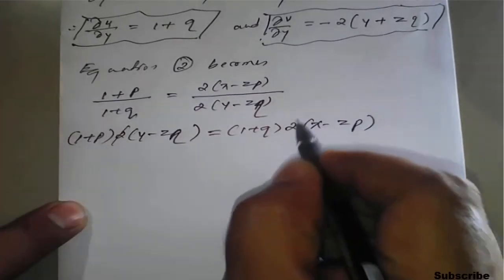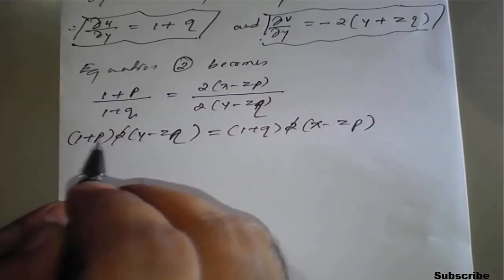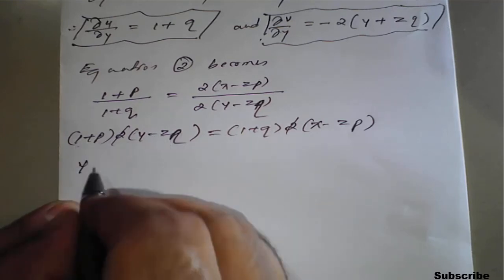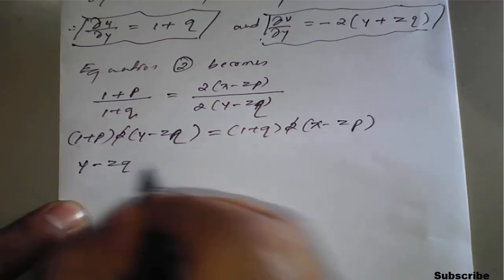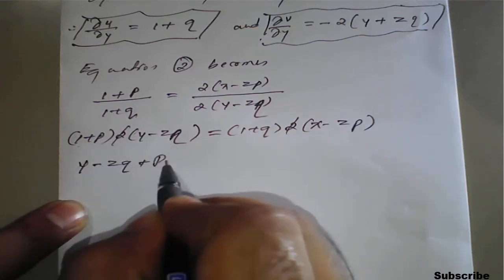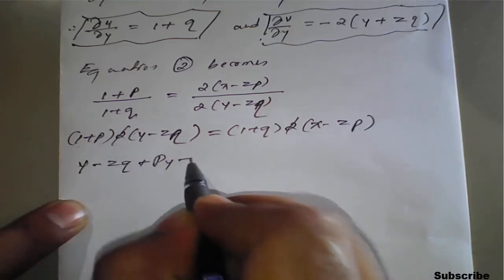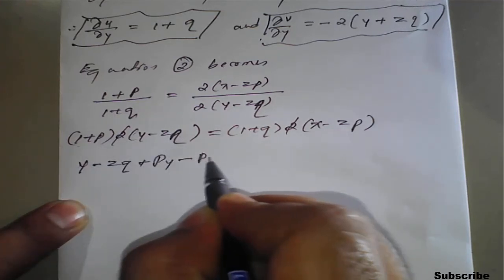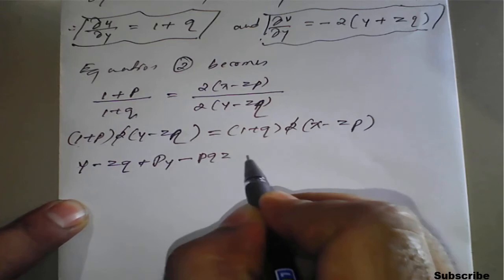Now this 2 and 2 cancel, open the bracket. 1 into y is y, 1 into minus zq is minus zq, plus into plus is plus, p into y is py, plus into minus is minus, p into zq is pqz.